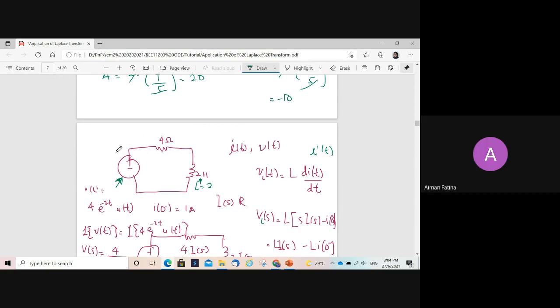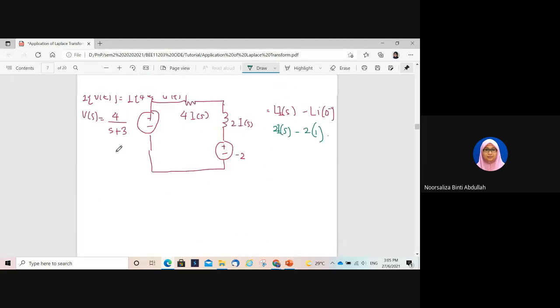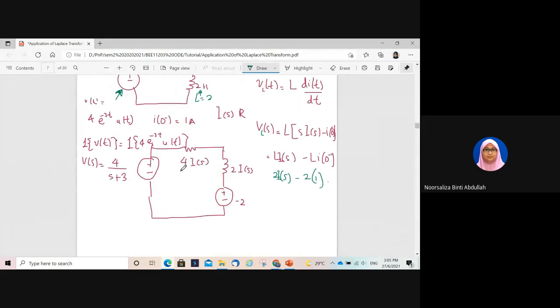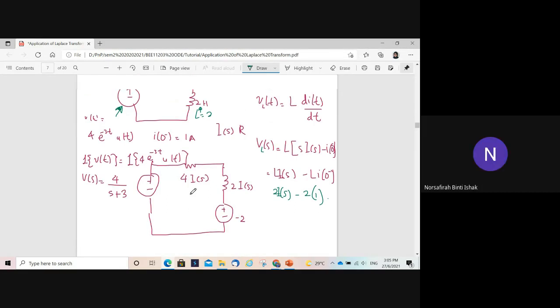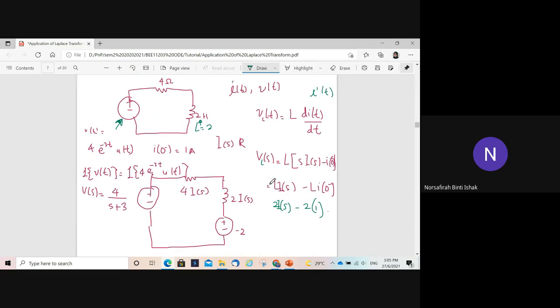Okay, faham doktor. Okay. So this is your transform circuit. Madam, nak tanya untuk yang voltage inductor kan yang dekat L darab dengan SIS kan? Dekat yang cari voltage inductor punya Laplace. Kan kalau kita darabkan L tu dengan yang dalam, so LIS S-nya tak ada ke?